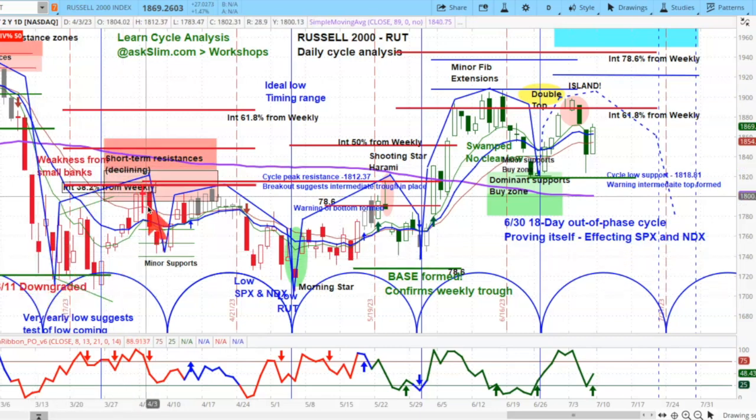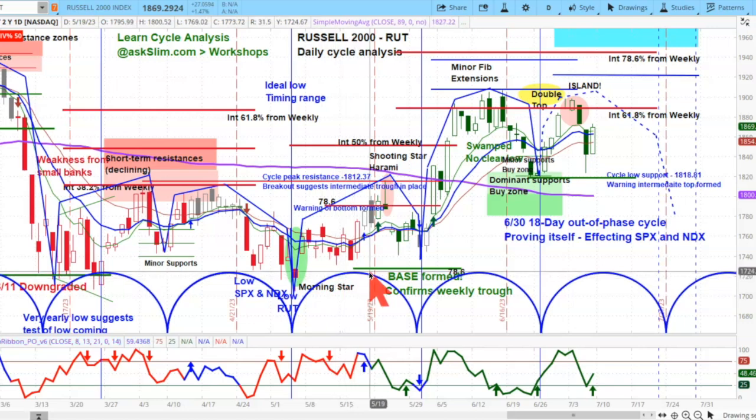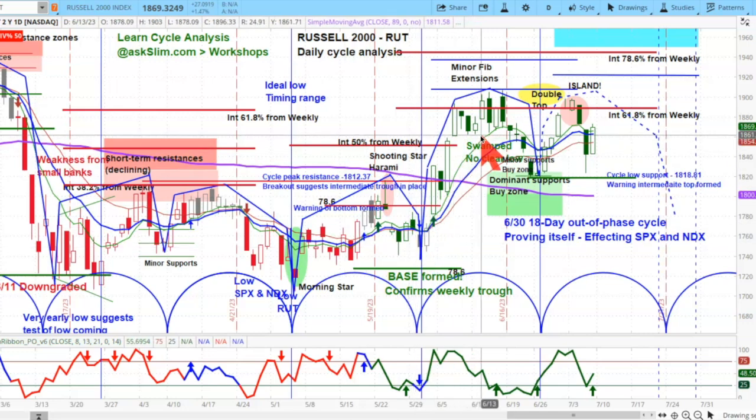So you can see the beautiful cyclical rhythms right in here, that cycle low here and the cycle low here. And remember, early in the cycle is when the cycle is rising, and where it peaks is significant because the later that it peaks, the less chance it has to correct, and then you end up getting a positively configured cycle, which then gets you a rally after that.